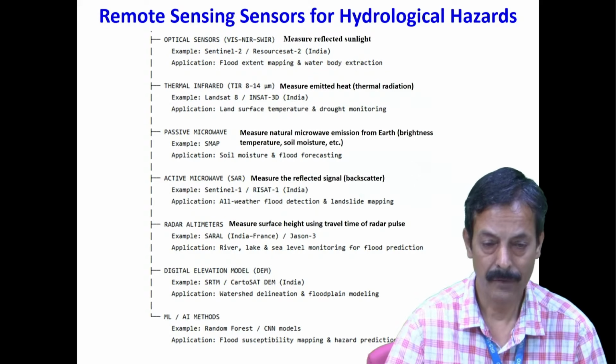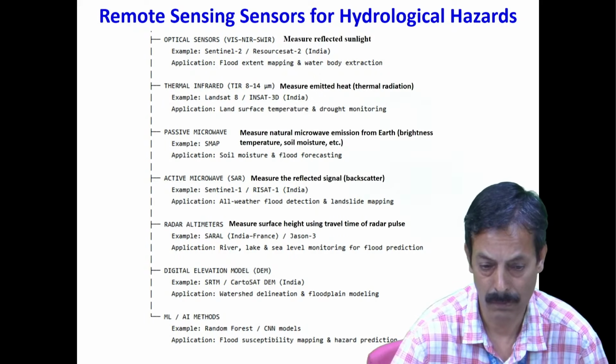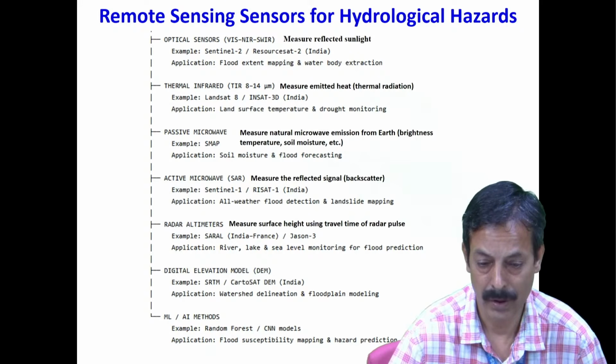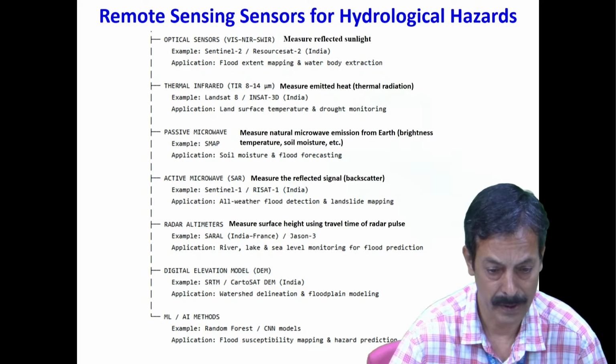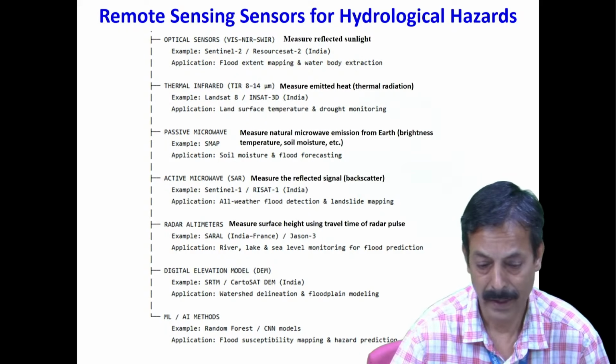So as you can see, there are a variety of sensors available in different domains, and many of them we are very much aware of, like Sentinel-2, Resourcesat-2 from the Indian context, thermal sensors from Landsat 8, and active ones are Sentinel-1, India's RISAT-1.